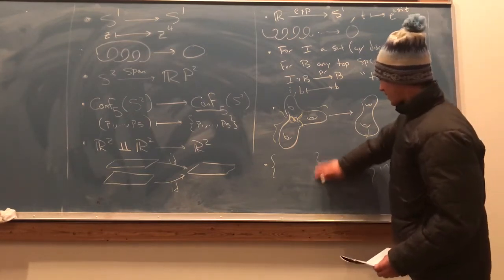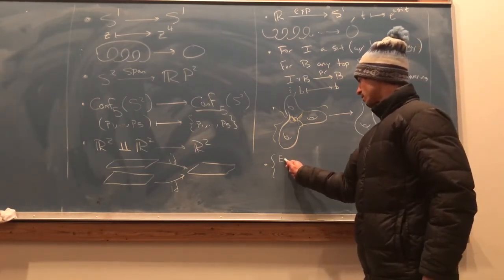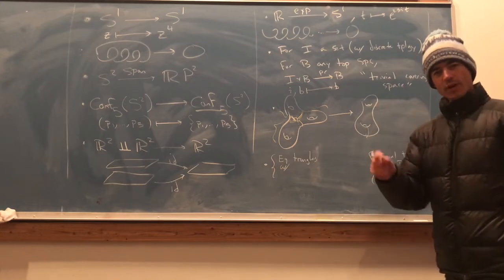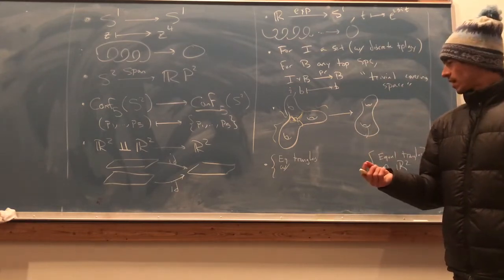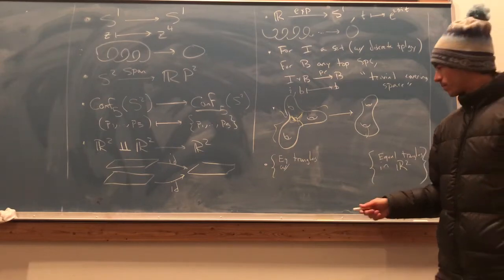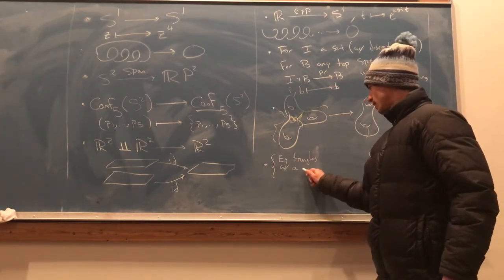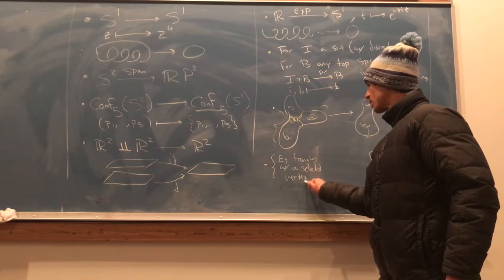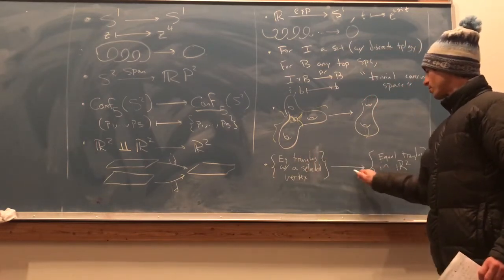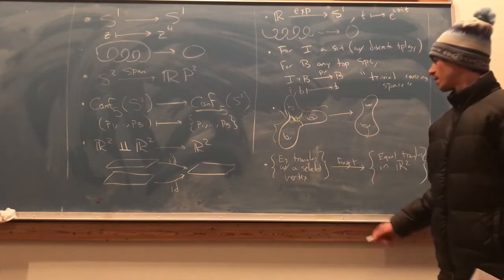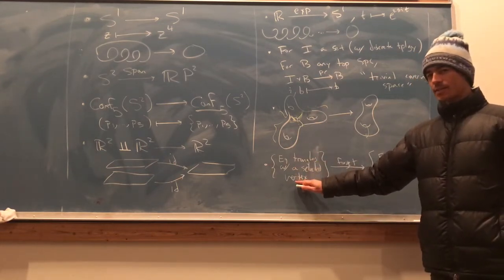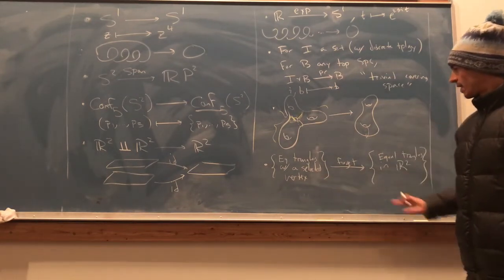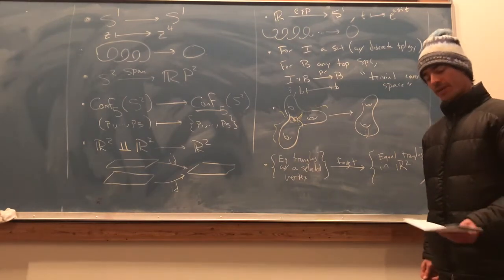There's another topological space that's equilateral triangles together with a choice of one of the 3 vertices of it, a selected vertex. So given an equilateral triangle with a selected vertex, you can forget the vertex. The result is an equilateral triangle. And this indicates another example of a covering space.